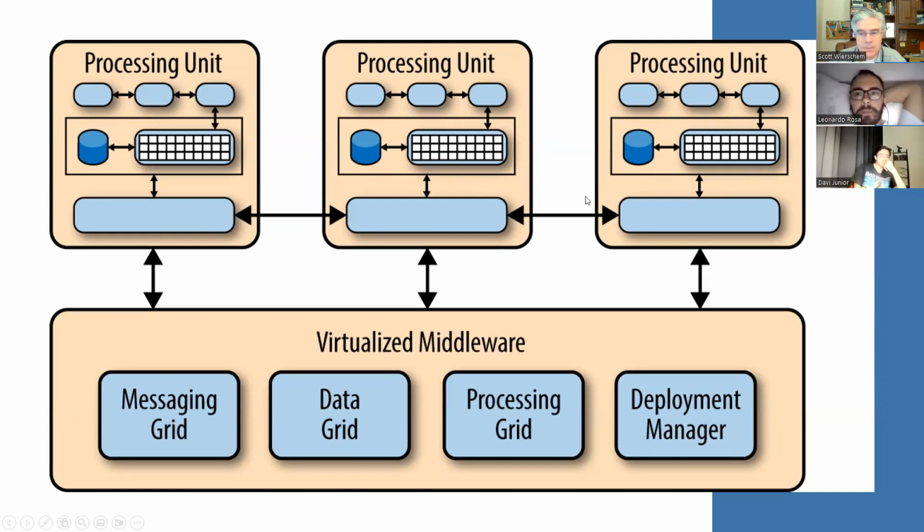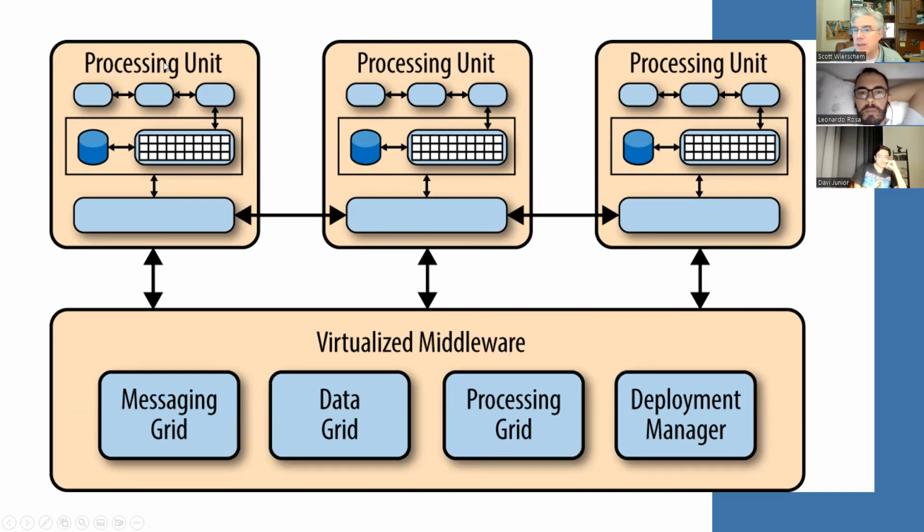The processing units can be brought online or taken down as the user load level changes. And since we don't have a centralized database to slow it down, you've effectively got infinite scalability, which is really cool. The two main pieces of the architecture are your processing unit and your virtualized middleware.